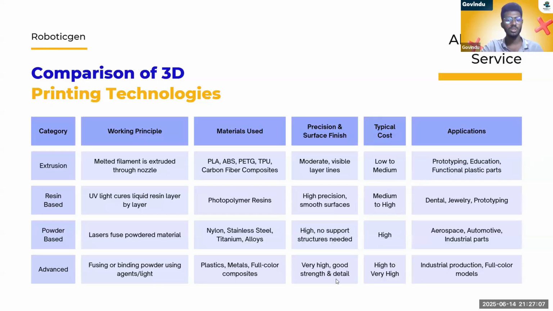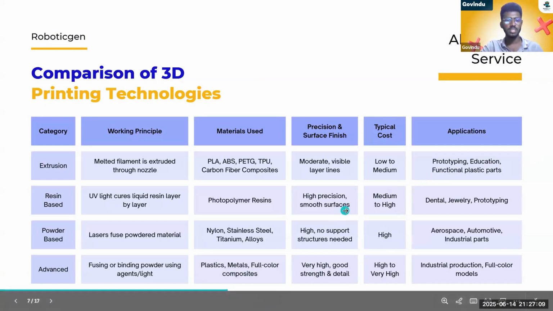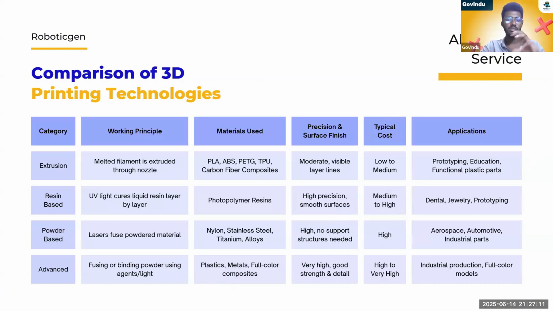In powder based, the laser fuses the powdered material, and that does the 3D printing. As for the advanced, the last one, it is a fusion or binding of powder using agents and lights. Even I don't have that much knowledge in powder based and advanced.